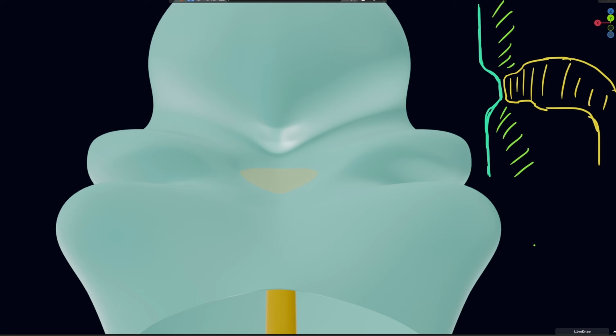Now here you can see that at the site of the oropharyngeal membrane, as well as in the cloacal membrane, the ectoderm and endoderm are stitched together with little to no mesoderm between them.